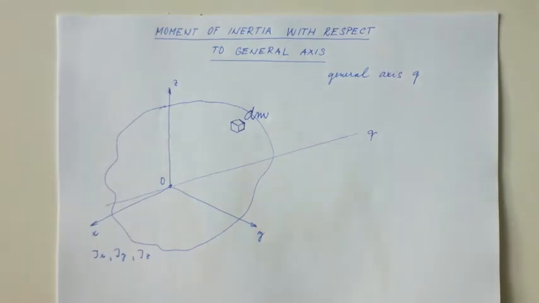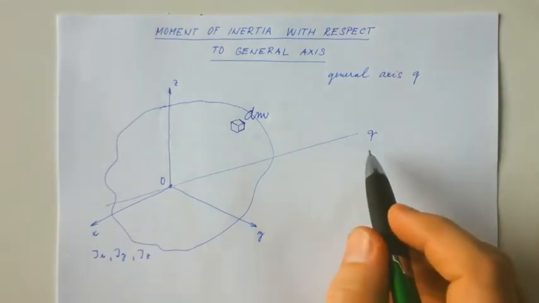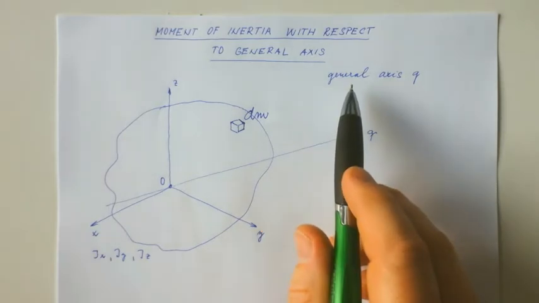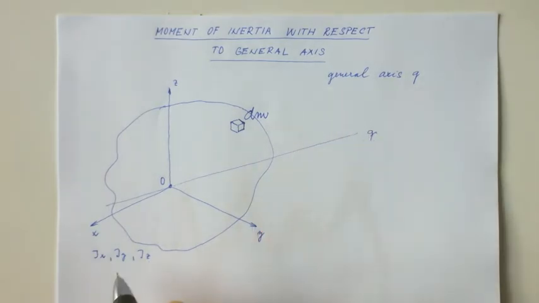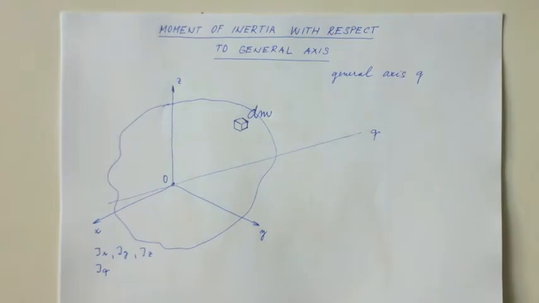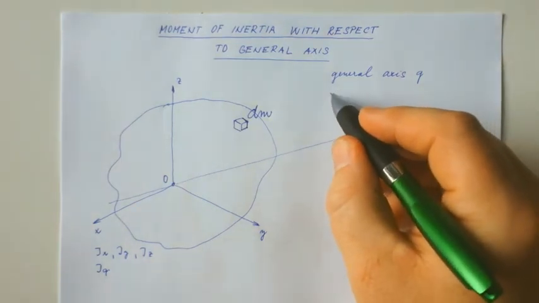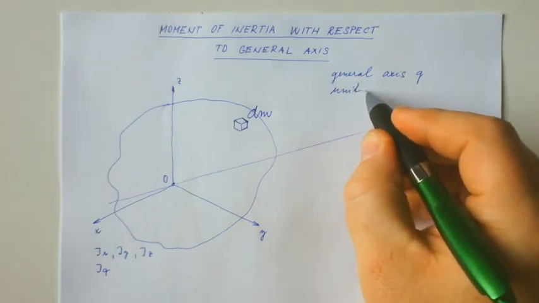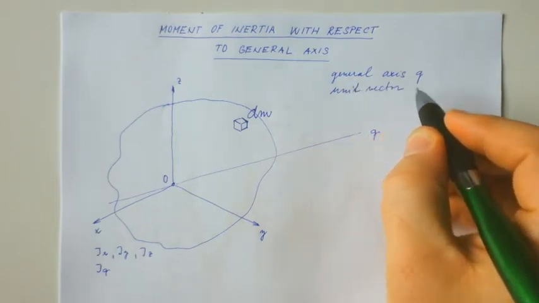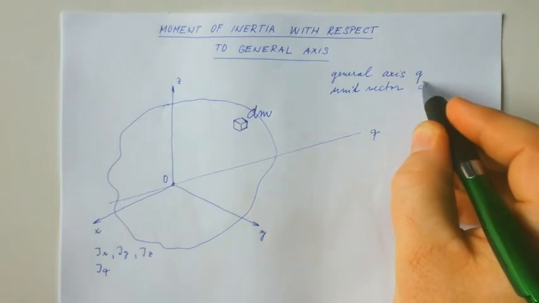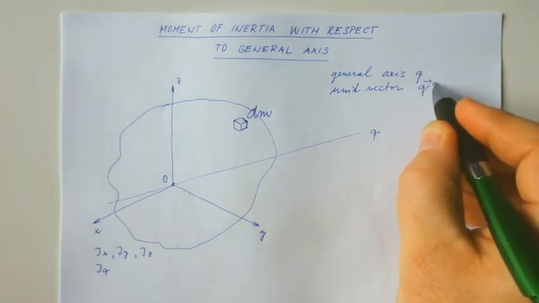So let's define the general axis. We would like to calculate the moment of inertia Jq. As you know, the axis we define by a unit vector of axis q, q0.